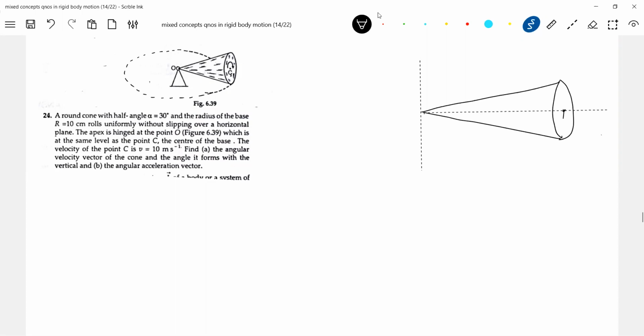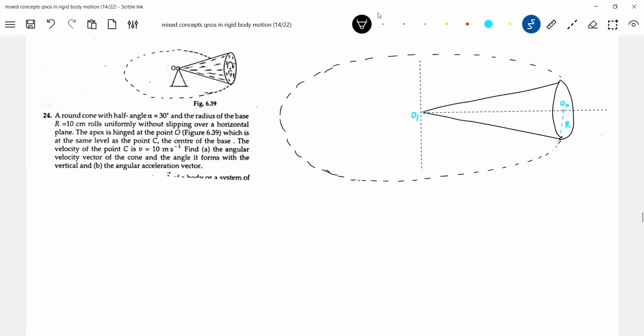A rough diagram. The cone is rotating, so are you able to understand this particular thing?